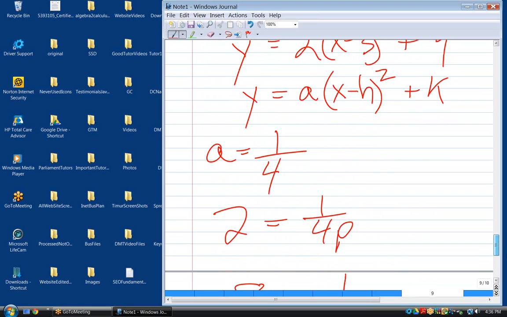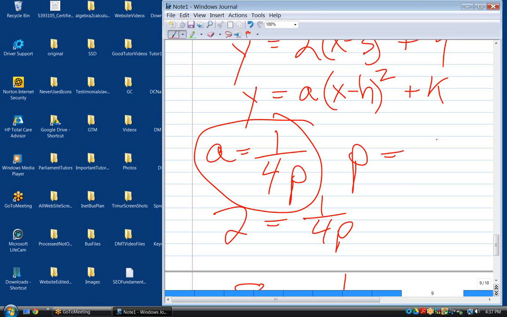And just remember that a equals 1/4p. Or you could even say p is equal to 1/4a. In other words, if I solve that equation, I get p equals 1/4a. As long as you can make those conversions, then you can get away with using this format.